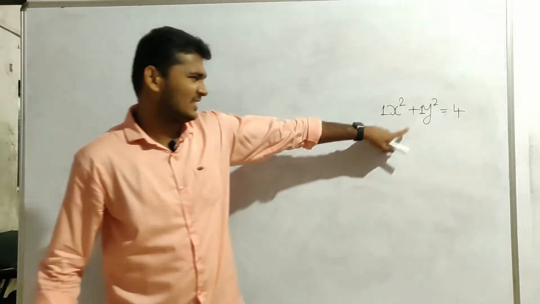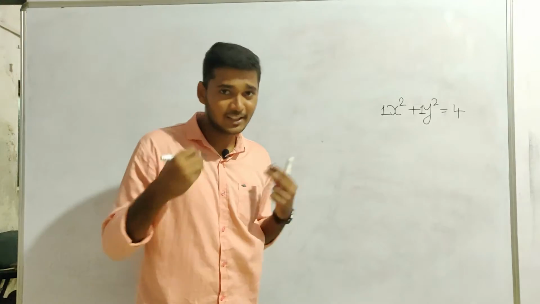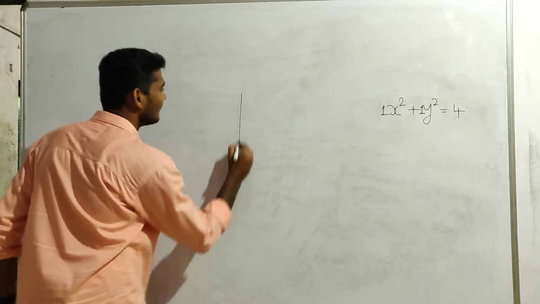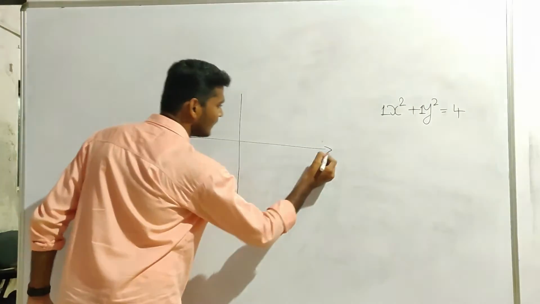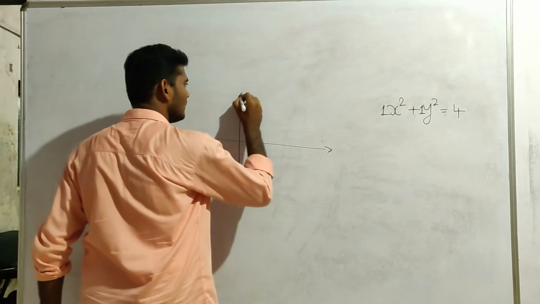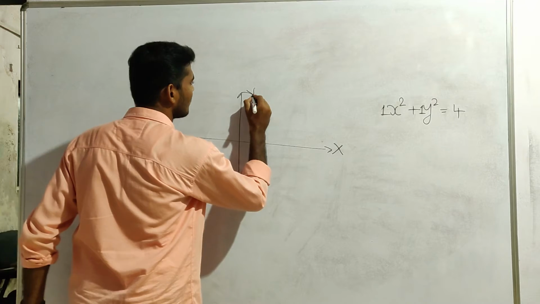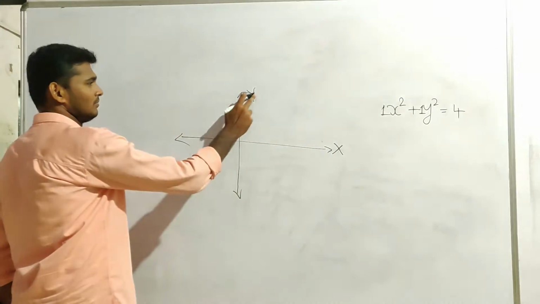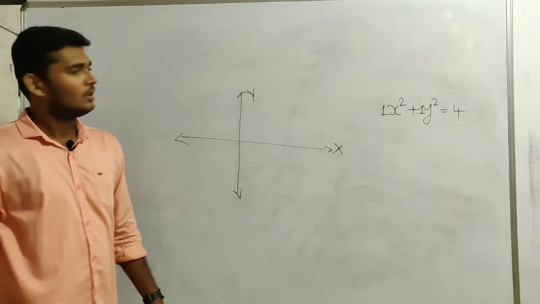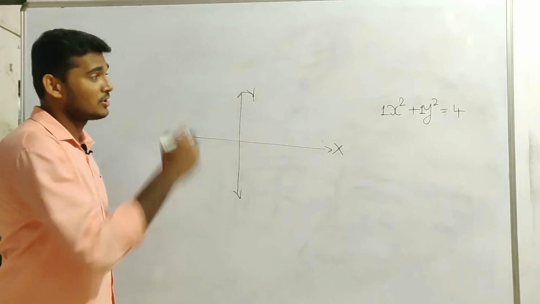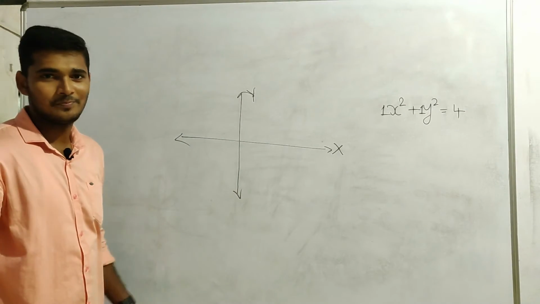Now if I plot this type of equation in a 2D space, let's draw a 2D space. This is y. तो क्या मिलेगा मुझे अगर मैं इस इक्वेशन को 2D स्पेस में प्लॉट करूंगा तो?